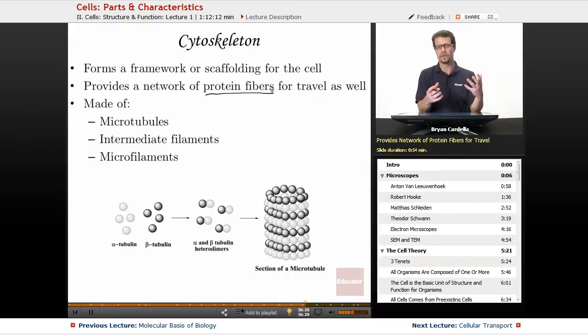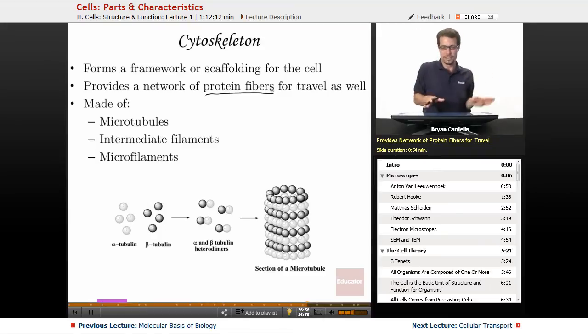There are really cool videos out there on the internet that show a motor protein walking along a microtubule, transporting a transport vesicle to the surface of the plasma membrane. And that motor protein, it looks like it's alive, but it's not. It's much smaller than a cell.